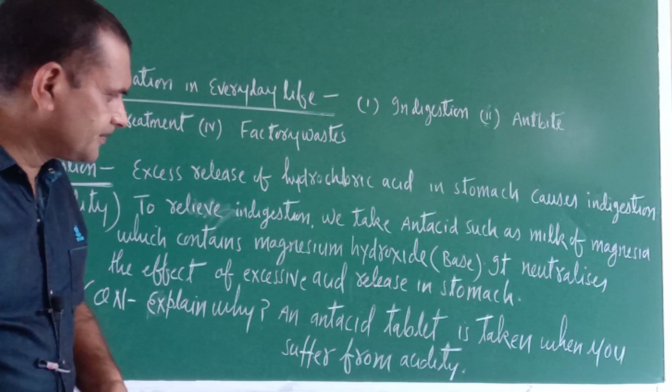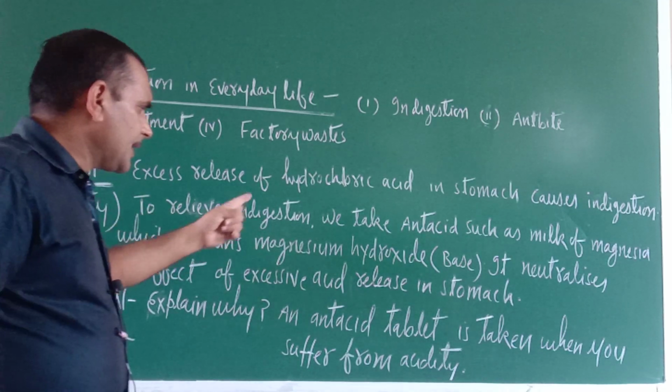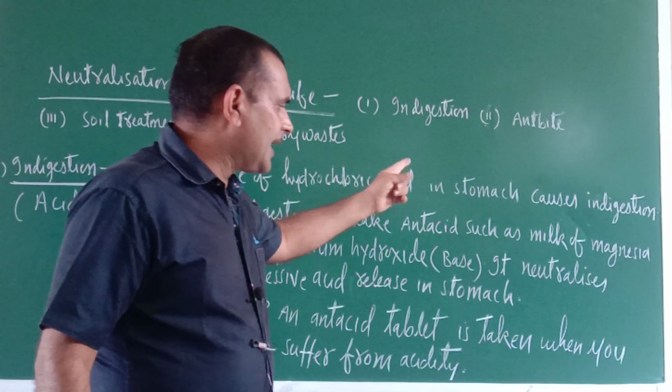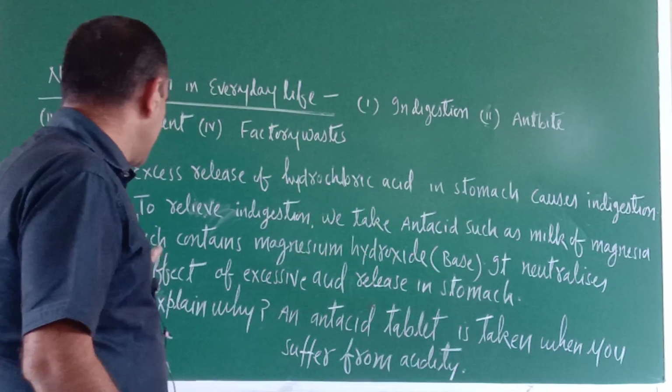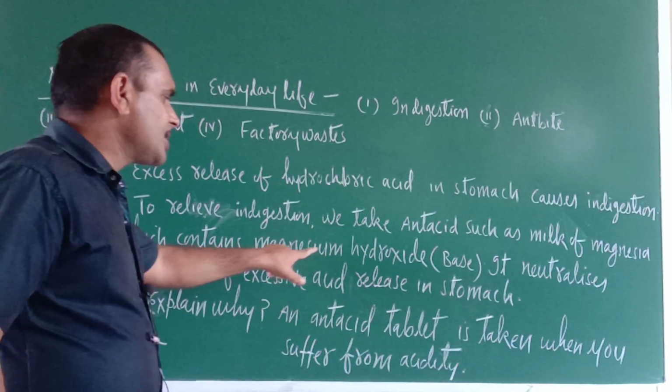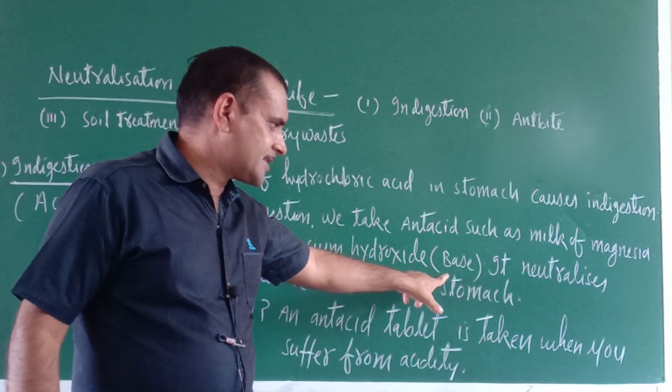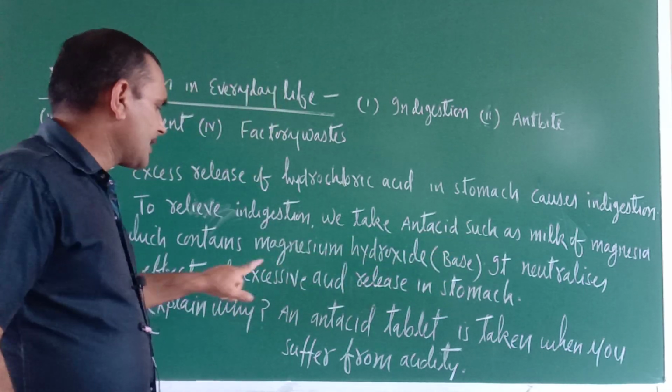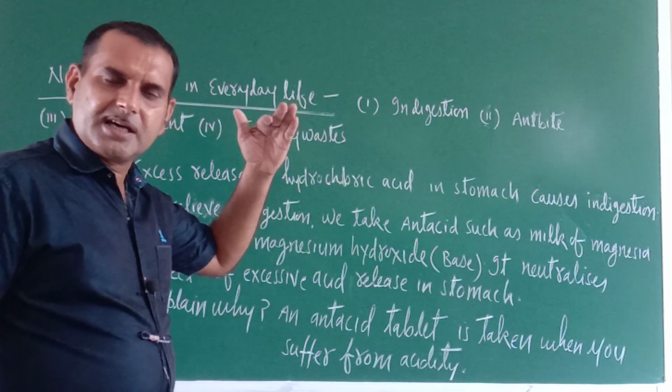So to relieve indigestion, we take antacid such as milk of magnesia, which contains magnesium hydroxide, and this is a base. It neutralizes the effect of excessive acid released in the stomach.